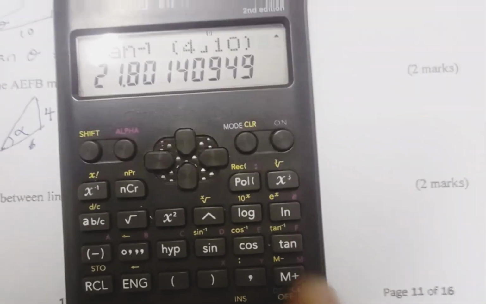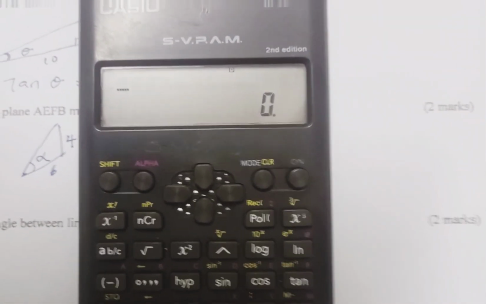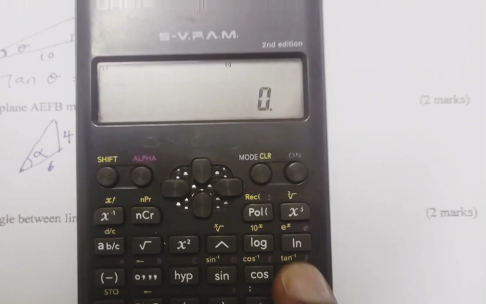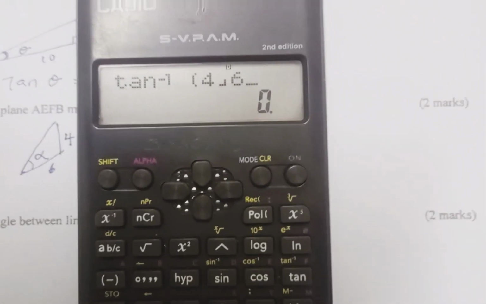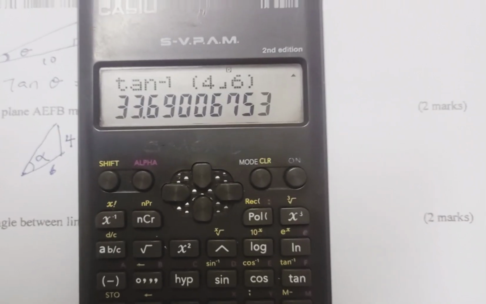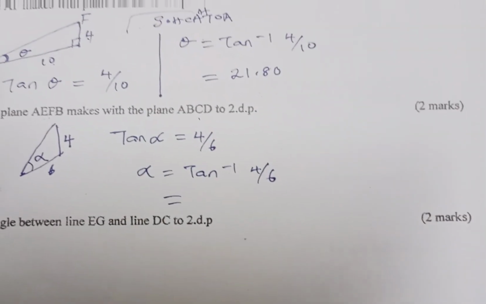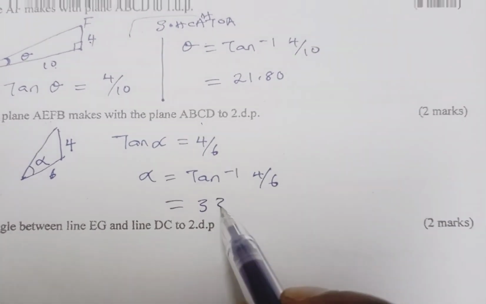And this is 33.69 degrees to 2 decimal places.